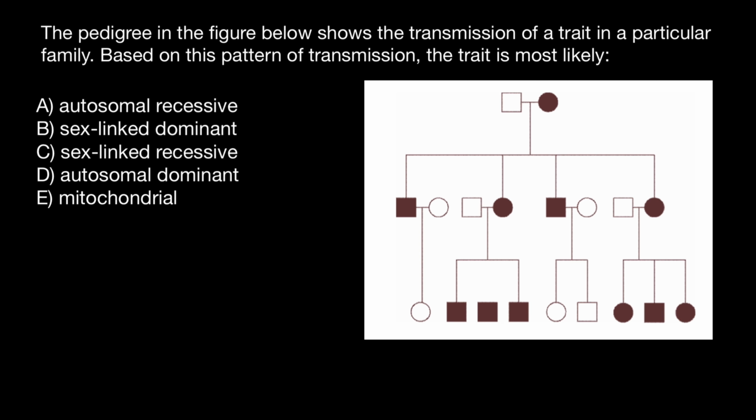But there is another peculiarity: in the second generation, only those children are affected who have an affected mother. Take a look. The mother is affected here, who is a direct descendant of this couple, and 100% of her children are affected with this genetic disorder.